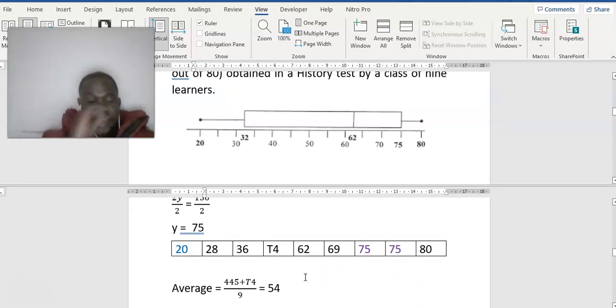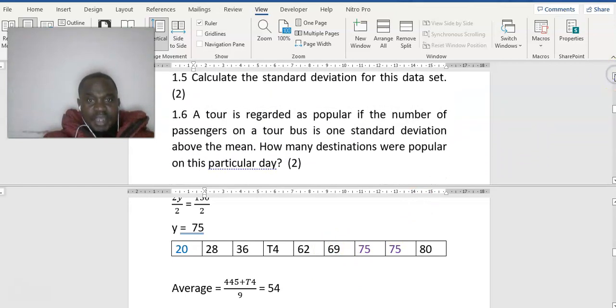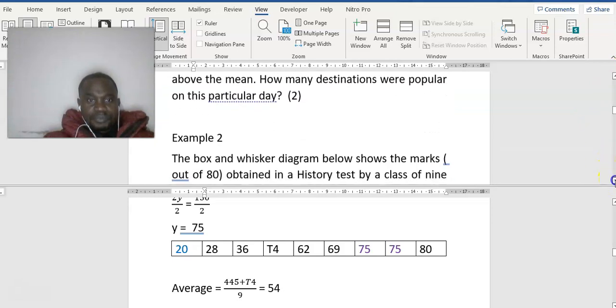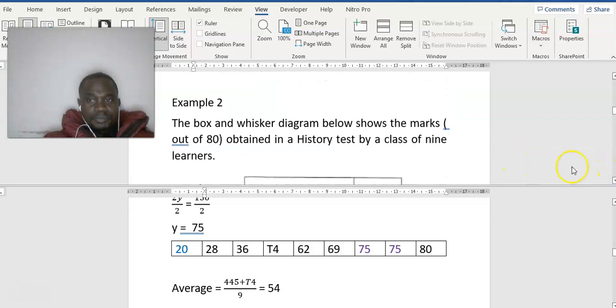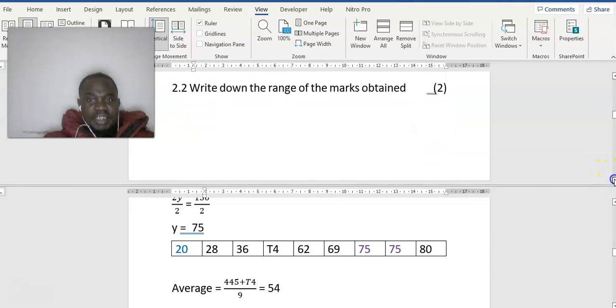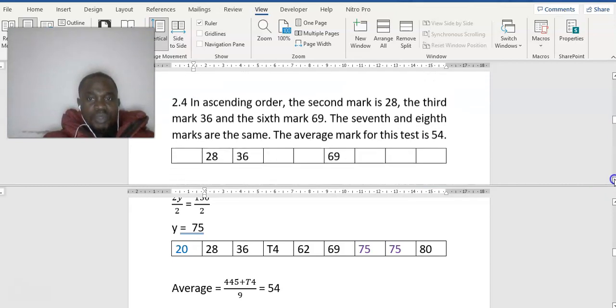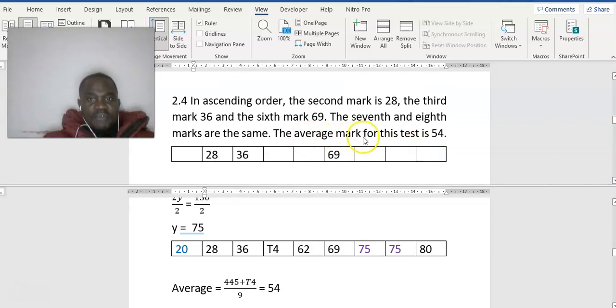Remember, we're given the average. That information was given to us in the question here. It says the average mark for this test is 54.